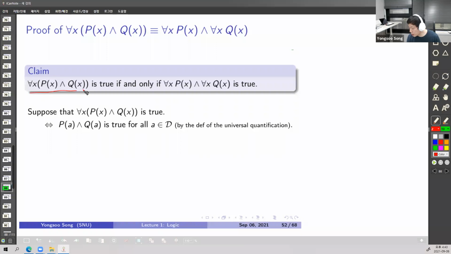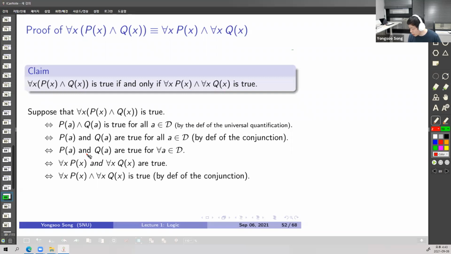You can show that this proposition is true if and only if this one is true. So if this proposition is true, meaning that P(a) and Q(a) is true for all a in the domain.